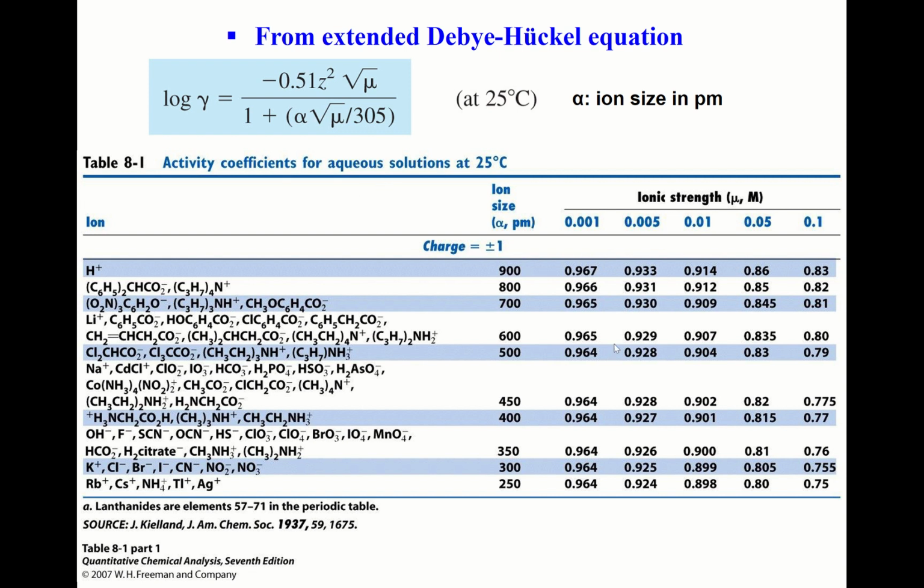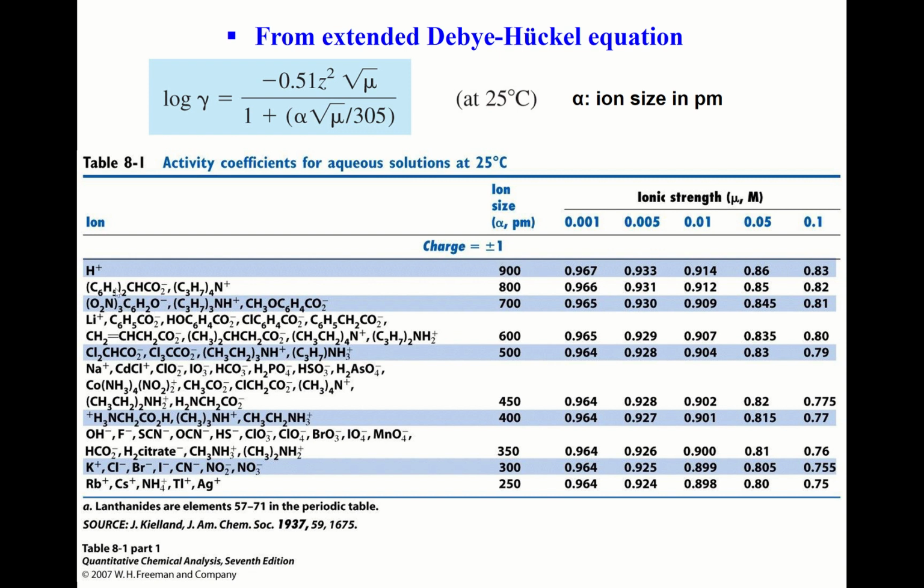This table gives you the ion size of a lot of different species, mostly ions, as a function of ionic strength. This first column is the hydrated ion size.